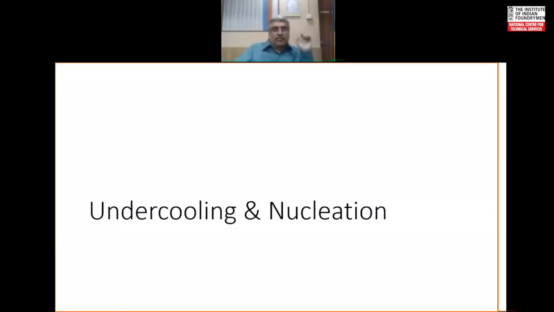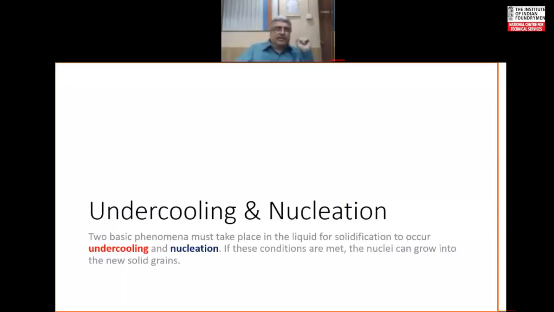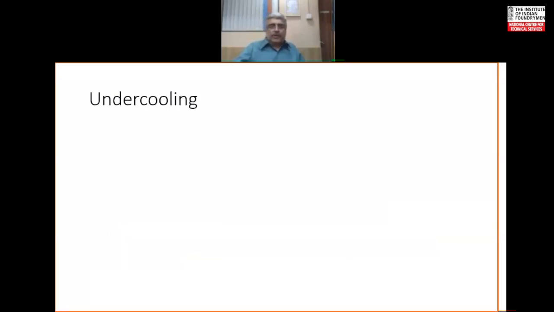Now let's look at what is undercooling and nucleation. These are the two basic phenomena which happen not only in cast iron but in any metal which is solidifying. Undercooling has to happen for the formation of nuclei, and they have to become stable. And then on growth, they will become solid. Let's look at undercooling.